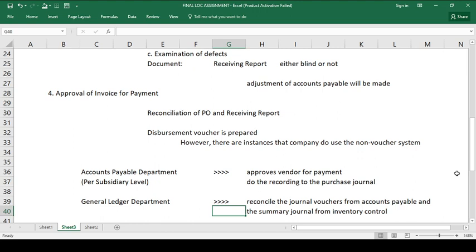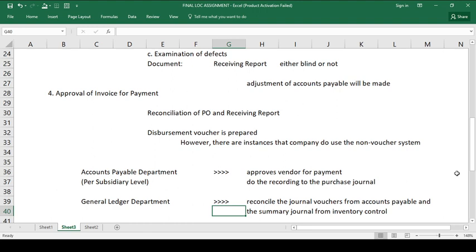For example, you receive the purchase order, then later on, before you prepare the disbursement voucher, which is the document stating that this is already for preparation of check, assuming that it is already signed by the authorized personnel.